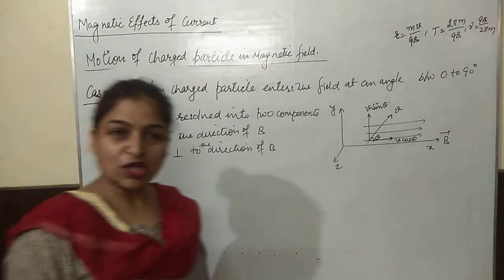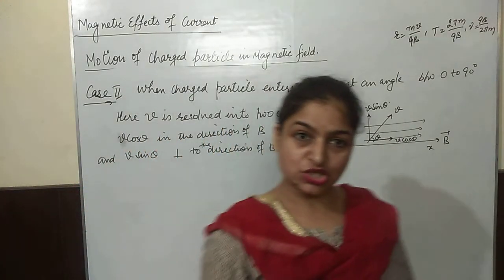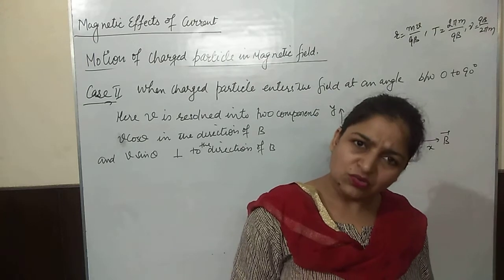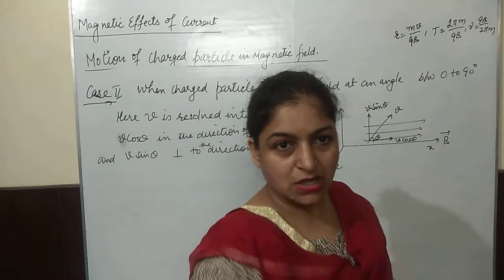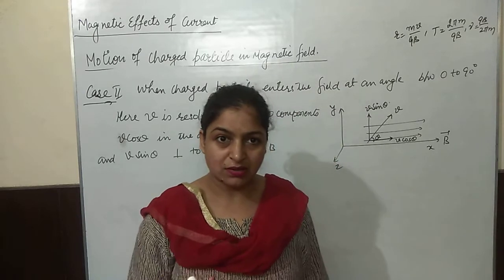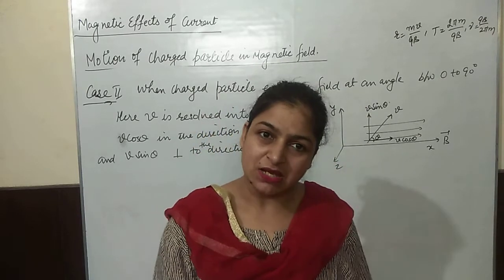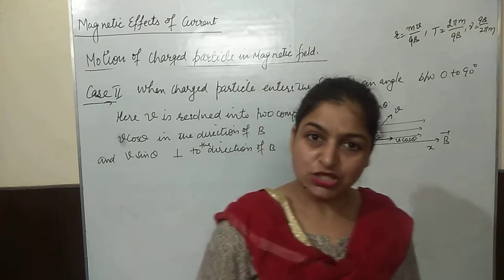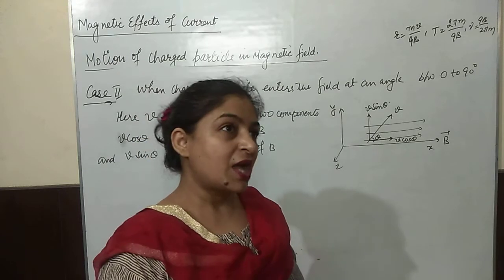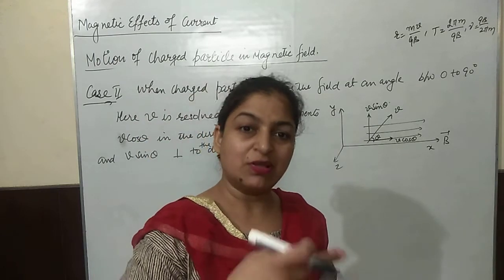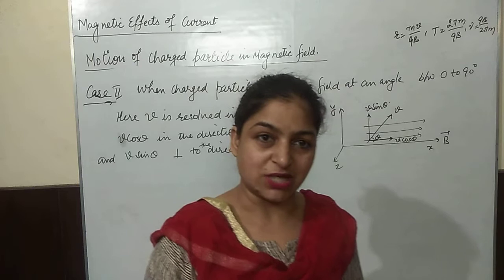Now the velocity which is perpendicular to the direction of B, we know that because of that velocity the charged particle will start moving in a circular track. In the first case, when the velocity of the charged particle is perpendicular to the magnetic field, that velocity is responsible for the circular motion of the charged particle.